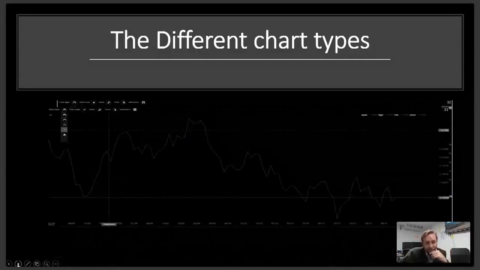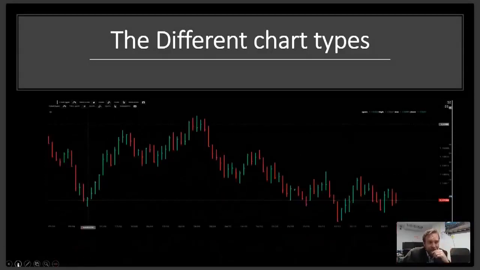Then you have the line, which again will show you the general direction of an asset, if people are buying it or selling it, if it's going up or going down. But again, it is limited in the amount of information it can provide you. Then you have bar, which is a little bit closer to candlesticks. Again, it will show you if the asset closed higher or lower during that time frame, but it also shows a little more information like the potential low, the potential high and the closing.